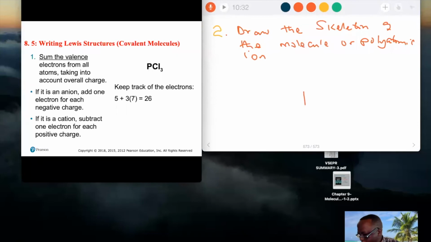This is what I mean by the central atom, the connection. We call this external atom.